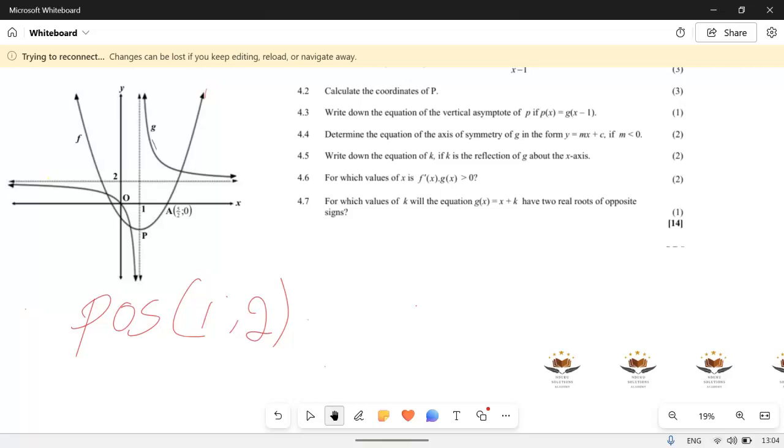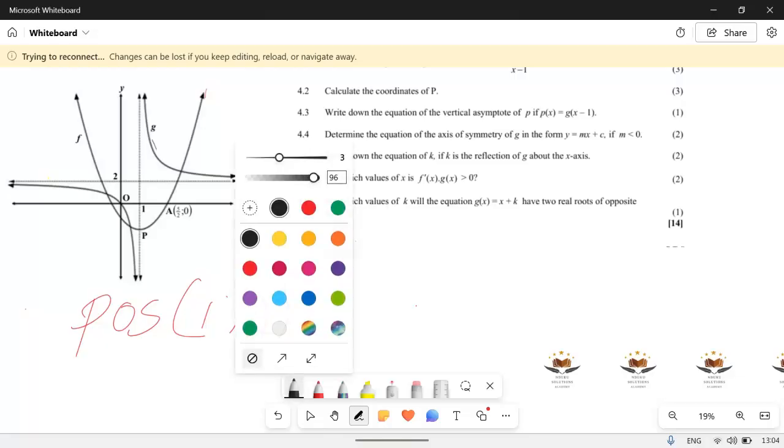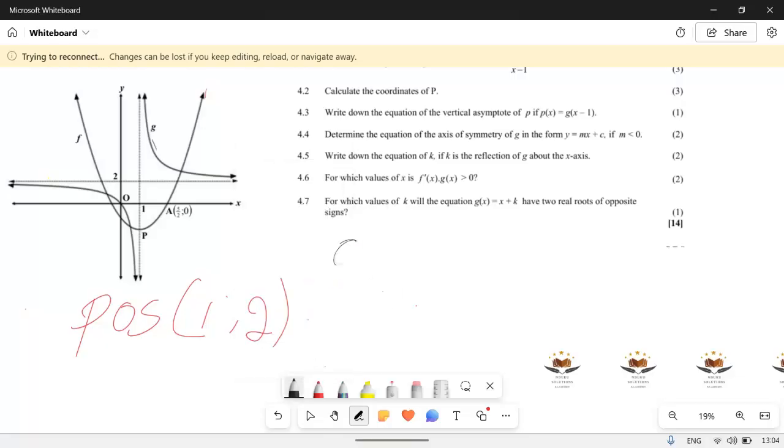So we can say our g of x will actually be a over x plus b, and then plus c.